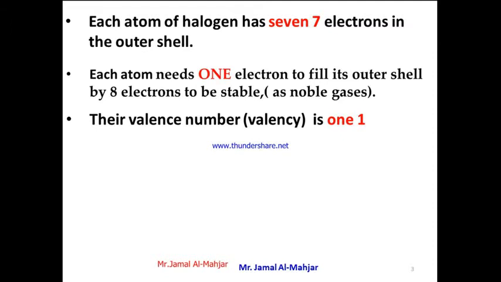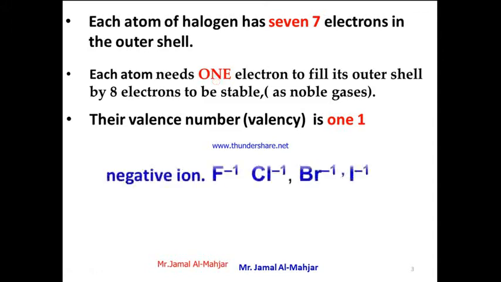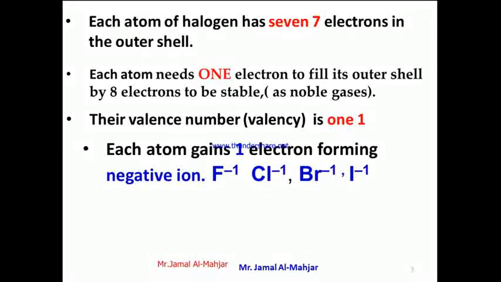So elements of group 7 need 1 electron to get the same electronic configuration as the noble gases. That means they have 8 electrons. Elements of group 7 need 1 electron to be stable. That means when they react, they gain how many electrons?